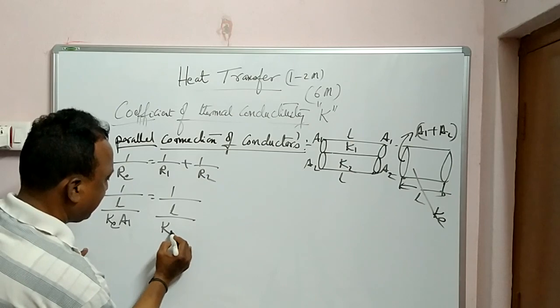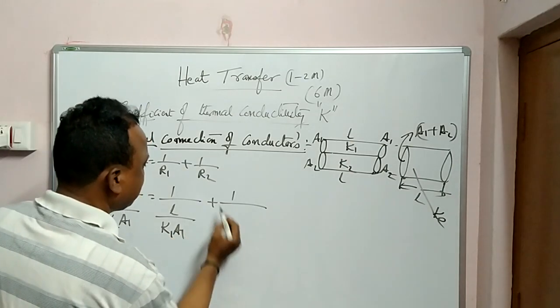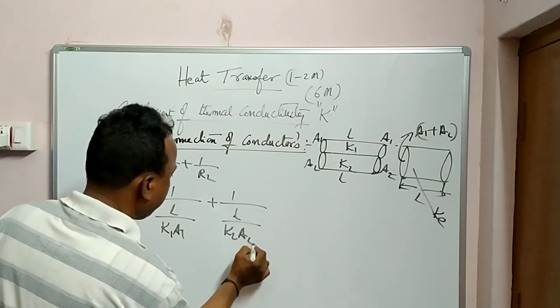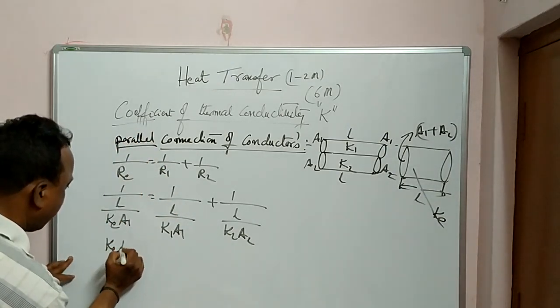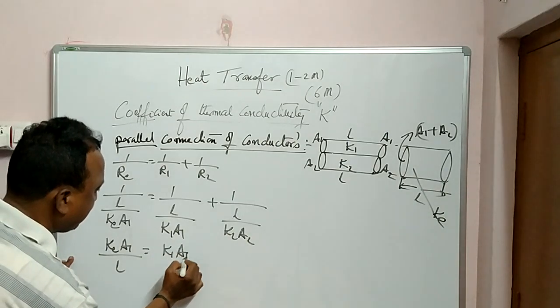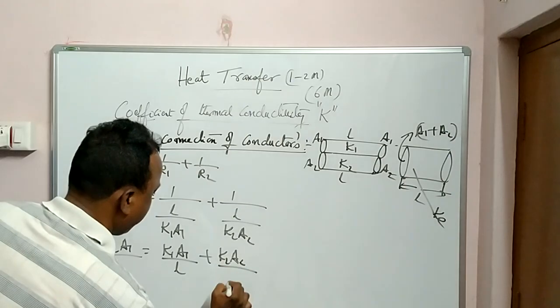Plus 1 by R2, that is L by K2 A2. Because it is reciprocal, it will go to the top. Therefore, Ke A by L is equal to K1 A1 by L plus K2 A2 by L.